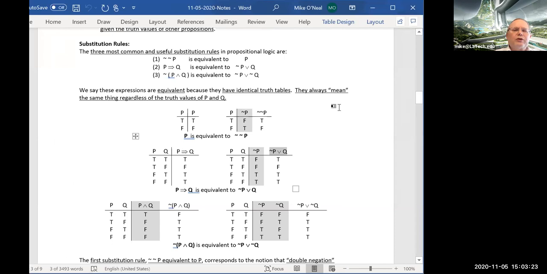And let's see, the third one here. Well, not P and Q as a quantity is equivalent to not P or not Q. If I were to say something like, Conan the Barbarian is not both strong and smart.